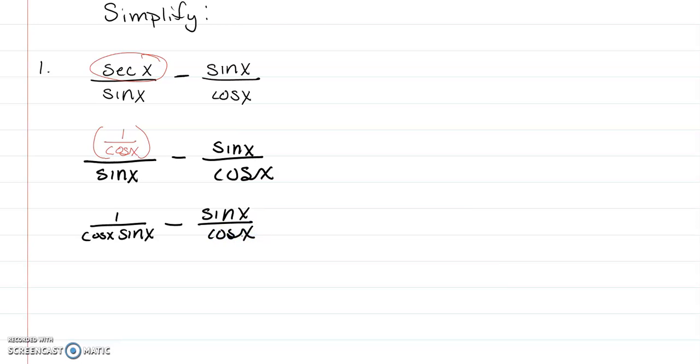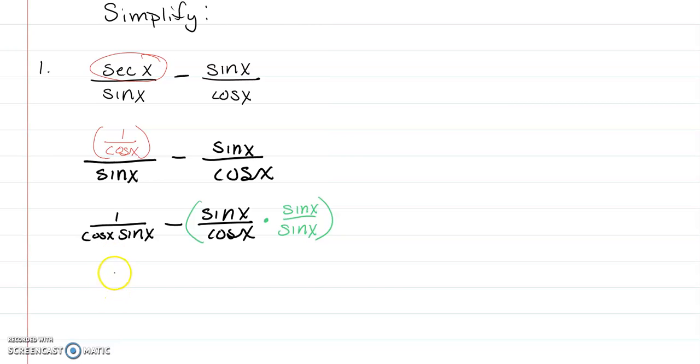Think about your next strategy. If you thought common denominator, you thought properly, at least for me. That's what I'm thinking about. So I'm going to go ahead and multiply this by sine of x over sine of x, just so that I can get a common denominator.